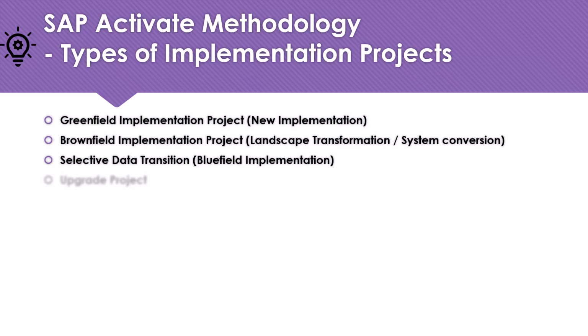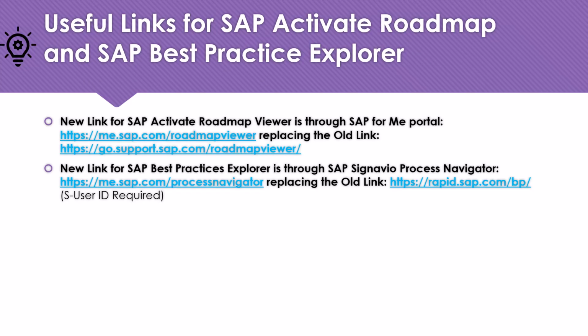Selective data transition, or this is also known as bluefield implementation, and an SAP upgrade project. And you can watch one of the previous lectures in this section where I have explained the following types of projects. Next, here are the useful and updated links that you will use in this lecture.